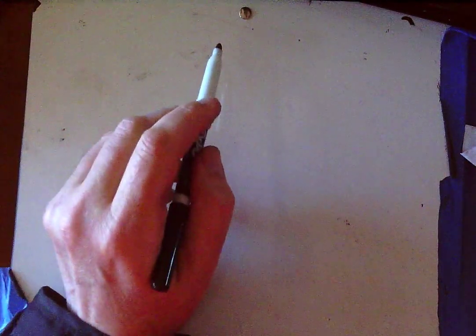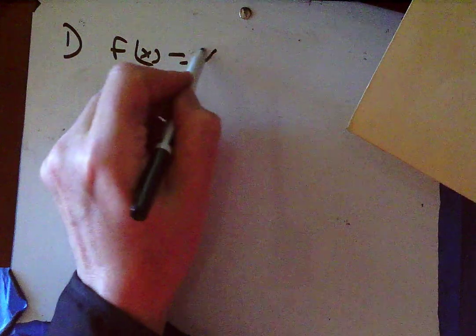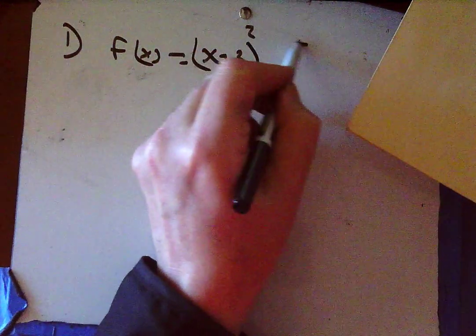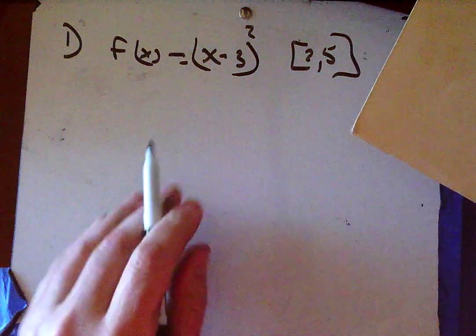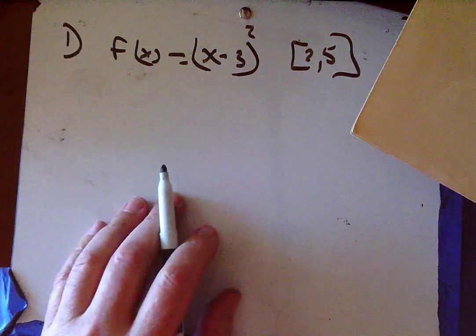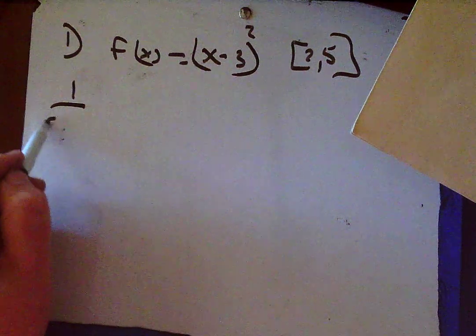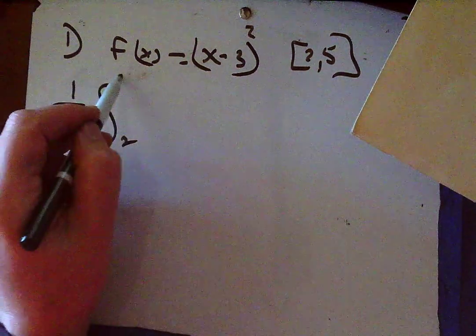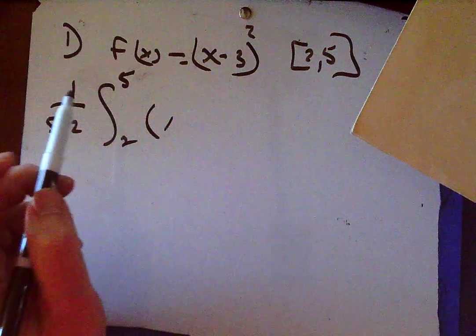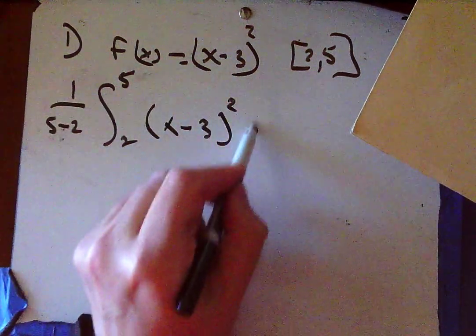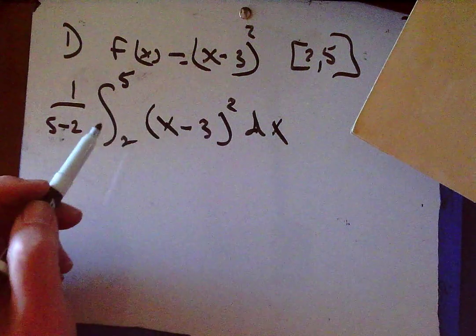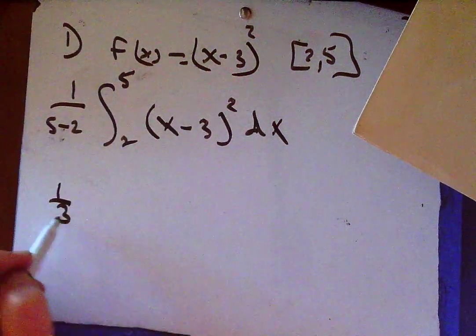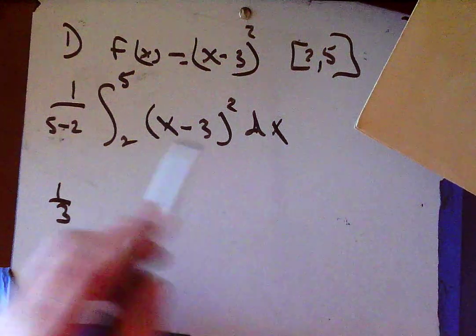All right, here's 10d. Let's take a look at 11. 11 says find the average value on the given interval. f of x equals x minus 3 squared, from 2 to 5. Okay, we want average value. So 1 over b minus a times the integral from a to b of x minus 3 squared dx. That's going to be 1/3. What's my antiderivative here?